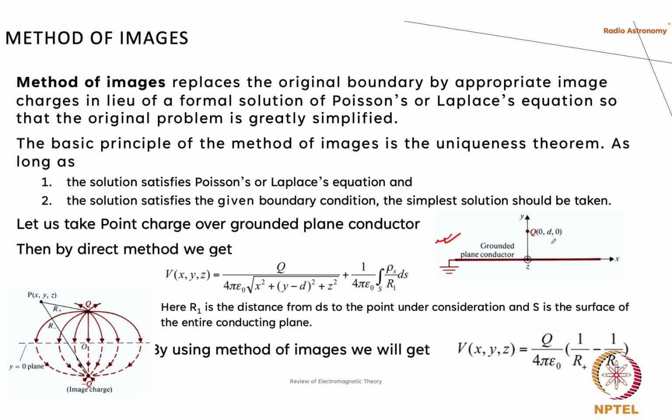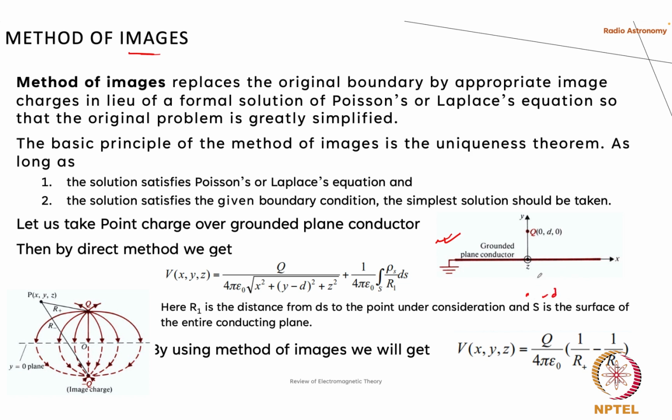An image charge is created by the method of images directly below the ground plane, equidistant from the conductor. Like if this is d, another charge will be created at minus d.